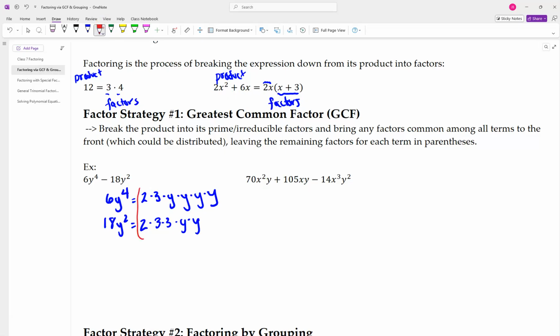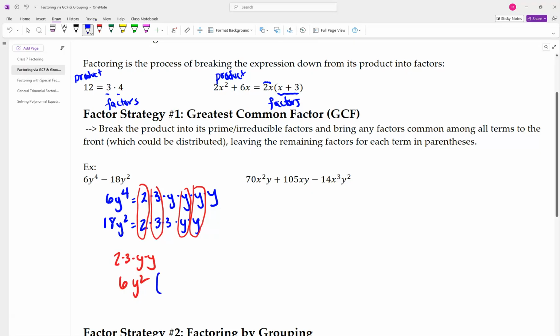Well, we have a 2 in common, we have a 3 in common, and we have 2 of these y's in common, doesn't matter which 2. So our GCF is going to be 2 times 3 times y squared, which is 6y squared.